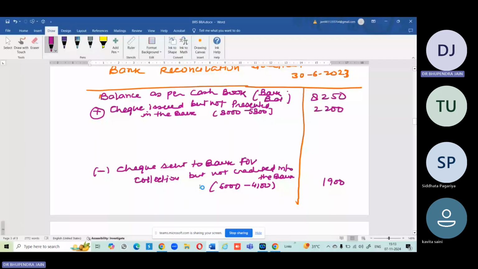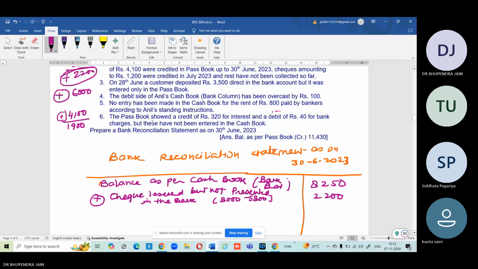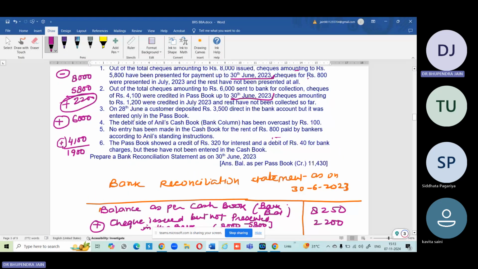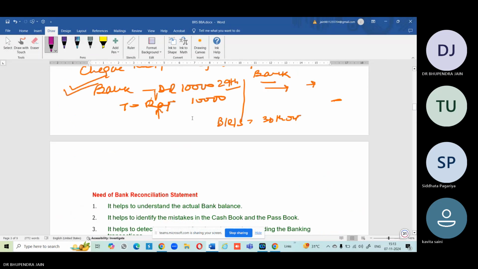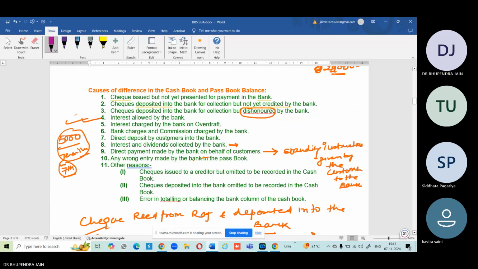Next statement. On 20th June, a customer deposited directly in the bank account, but it was entered only in the passbook. Which cause? Cause number 3. Is it a check deposited into the bank for collection? No, this is a direct deposit by the customer into the bank.